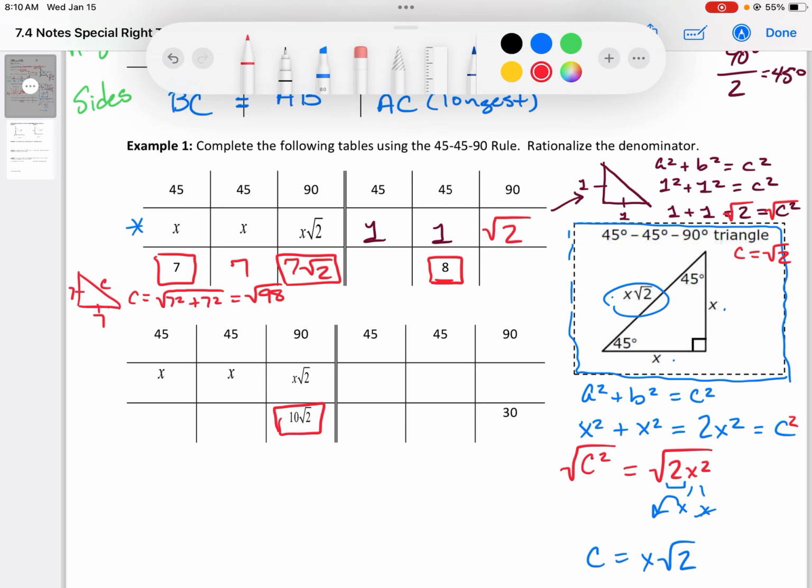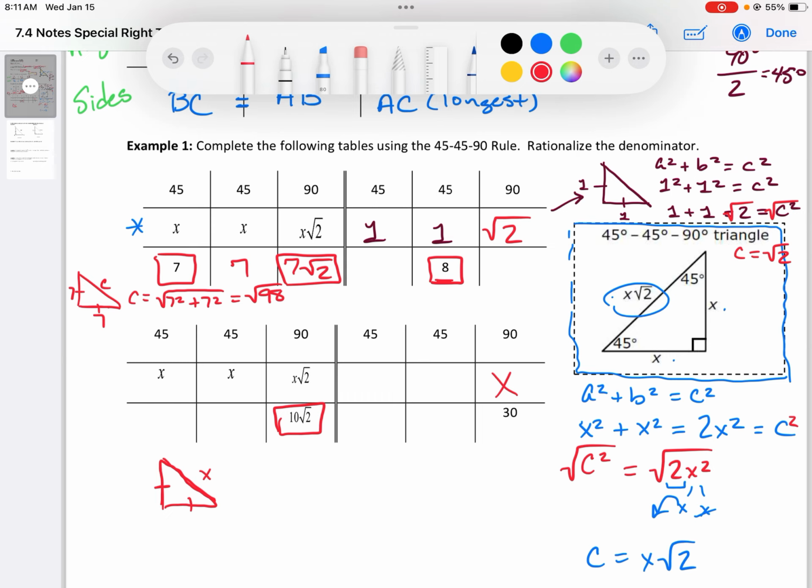All right, one other one that I want to do with you. This one's a little bit more confusing. I want to say, what if my hypotenuse was x? Like, what if I had a triangle where the hypotenuse was x, and I know that it's isosceles.